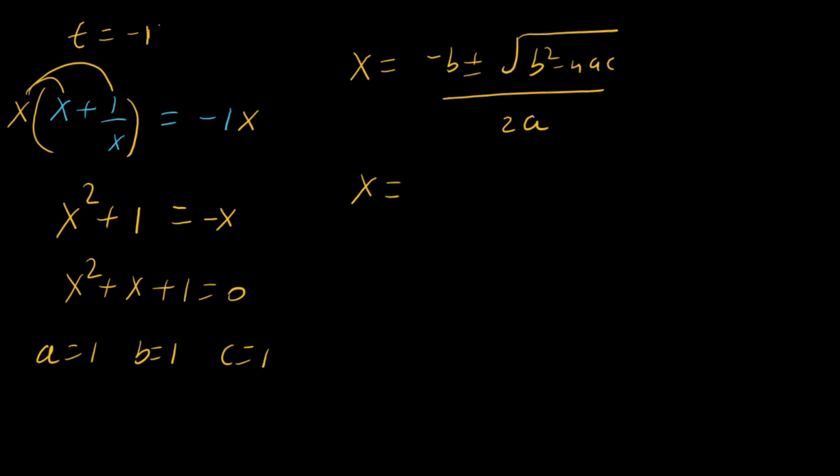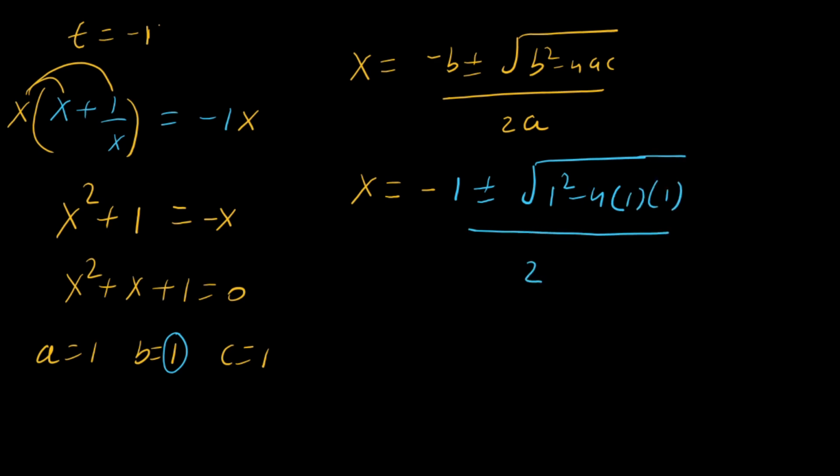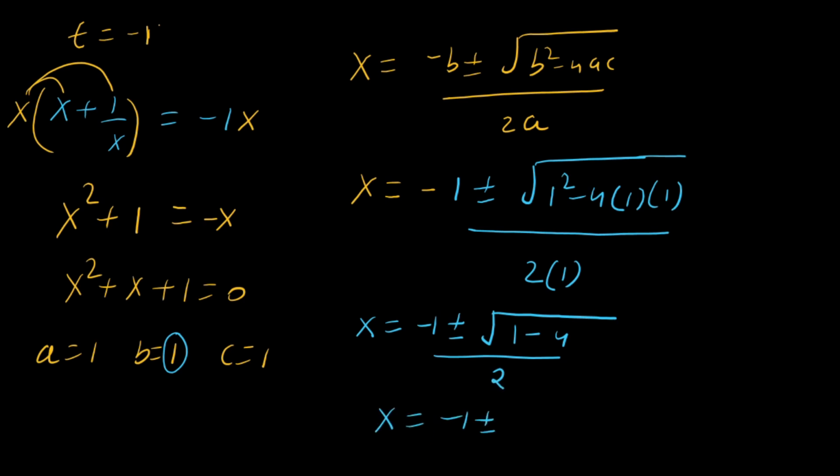Then x is equal to minus 1, since b is 1, plus minus square root of 1 square minus 4 times 1 times 1, divided by 2 times 1. So x is equal to minus 1 plus minus square root of 1 minus 4, divided by 2. Then x is equal to minus 1 plus minus square root of minus 3 divided by 2.